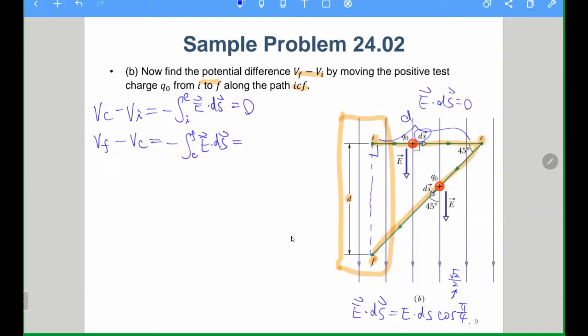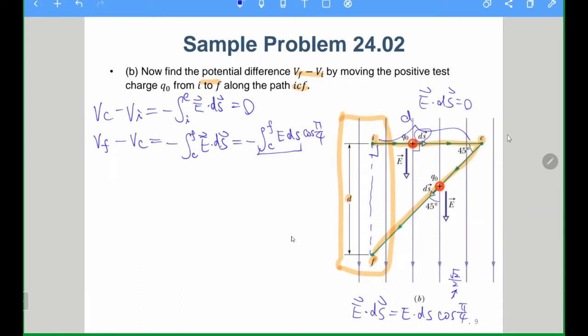So we have a negative integration from C to F of E ds cosine pi over 4. For this one, it is nothing but E times the distance.